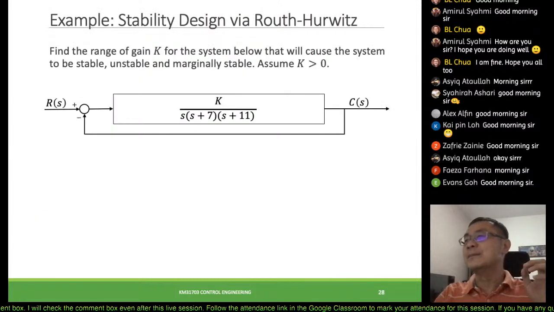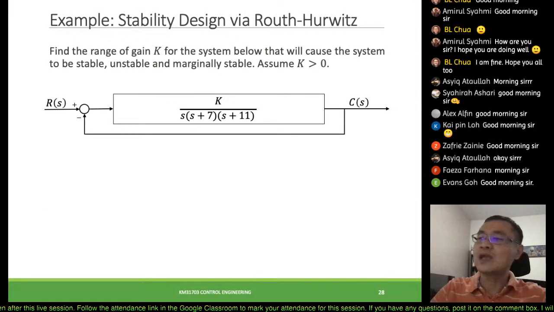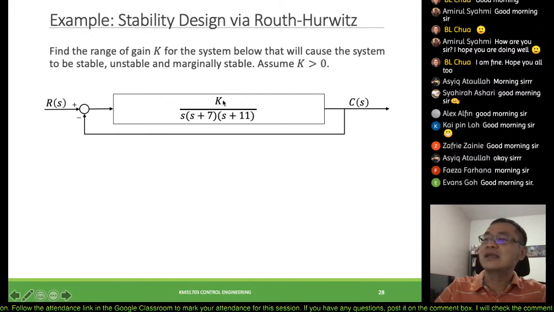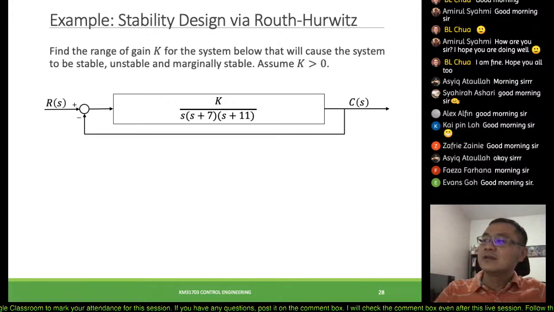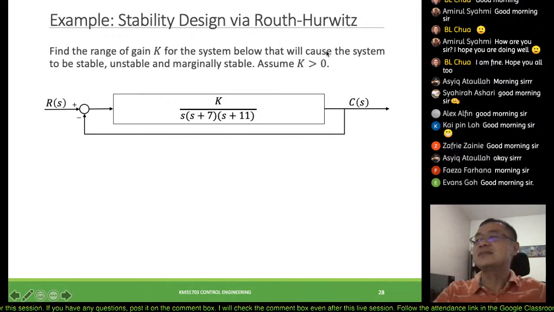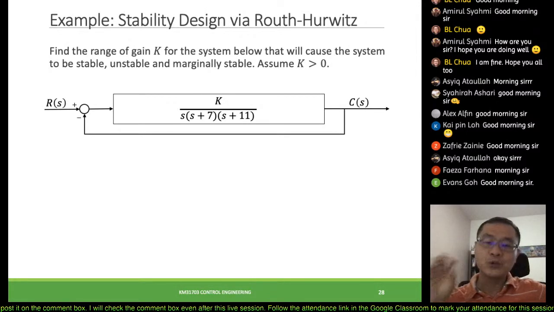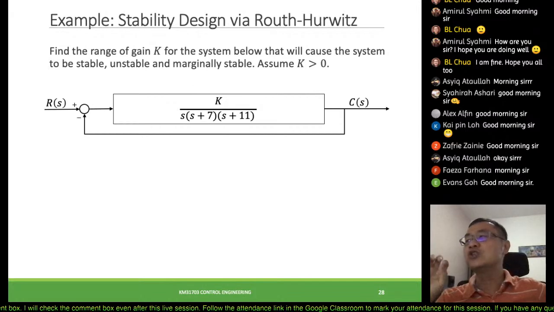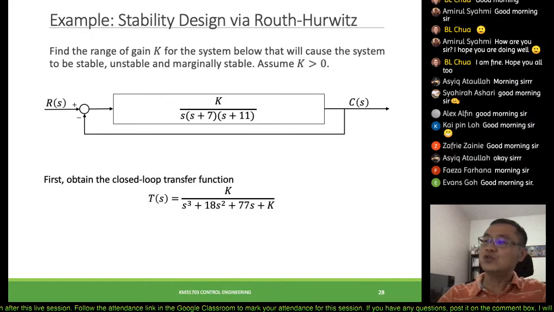But the main intention is when we deal with design, where we have a parameter like K, the gain, which is unknown, right? But we know that K is always positive, let's say, then how to design, what value should we put for K in order to get a stable system, okay? So this is how we can do it.